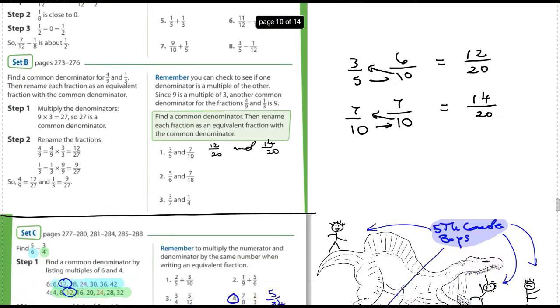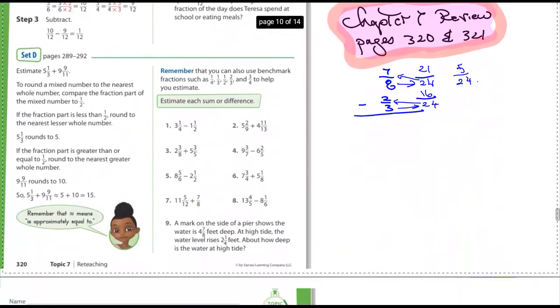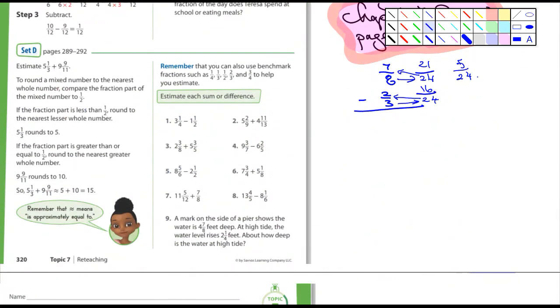Let's move down a little bit here. Set D. Looks like we're estimating. And let's do number 4 again. So what do we have here?